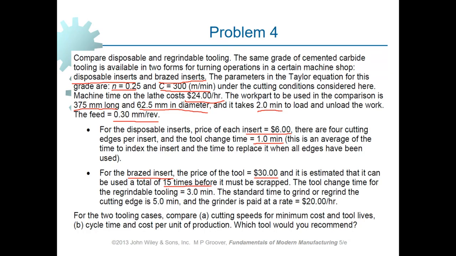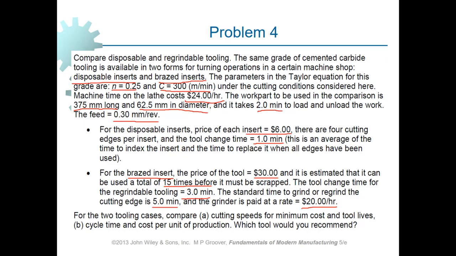The tool change time for regrinding is 3 minutes. So every time we're spending 3 minutes in order to replace the cutting tool. The standard time to grind or regrind the cutting edge is 5 minutes. The grinder also gets paid at a rate of $20 per hour. For regrinding, we've got to pay the person who is doing it, and the rate is this much.